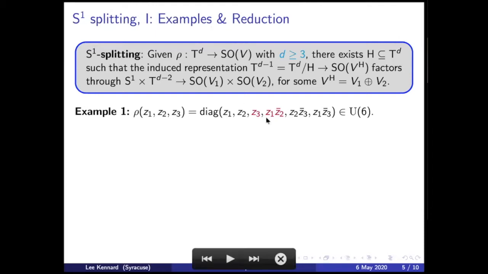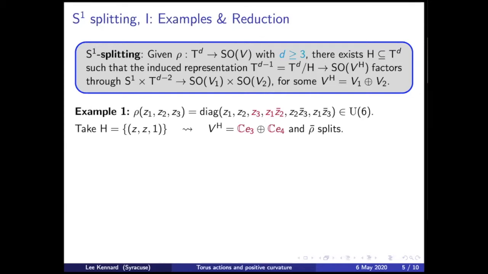And the subgroup you can choose is this circle subgroup, this quasi-diagonal circle inside the T3. It's easy to see that this acts non-trivially on all of these directions except for the purple directions. And so the fixed point set is just two-dimensional. The induced action you can check is still a T2, so this must split as a product of circle actions on a two-dimensional complex vector space.